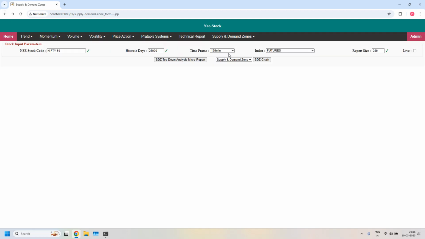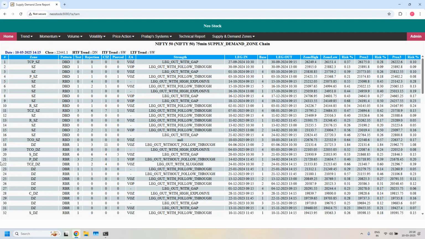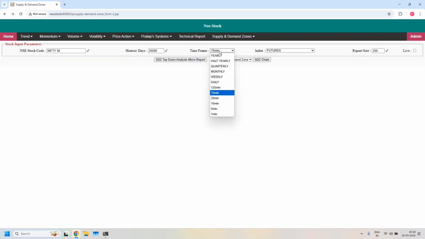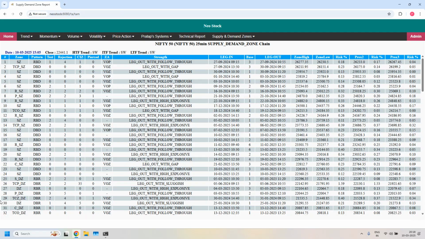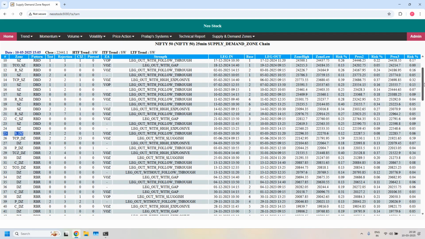Next, 75 minute supply demand zone chain for Nifty. Next, 25 minute supply demand zone chain for Nifty. Let me adjust in the center demand and supply zones.